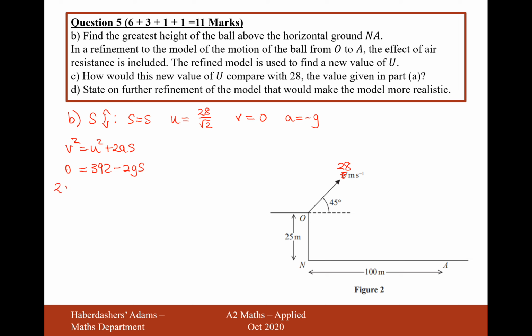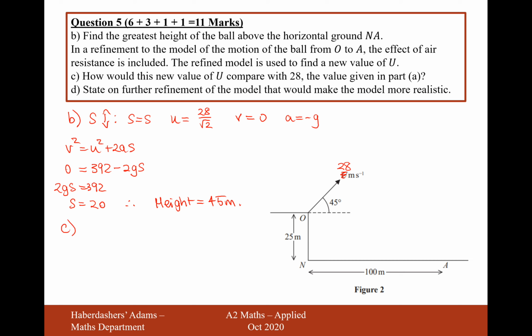If I move that 2gs onto the other side and then divide, 392 divided by brackets 2 times 9.8, that gives us 20. So therefore the height above A is going to be 45. So height equals 45 meters. There we are, that's the answer for part B.